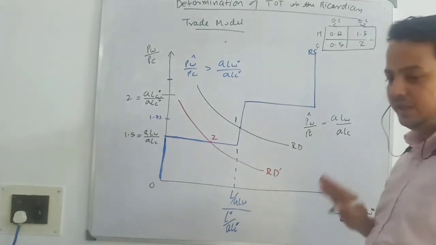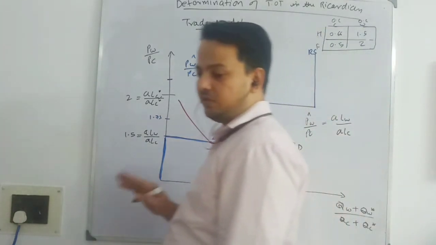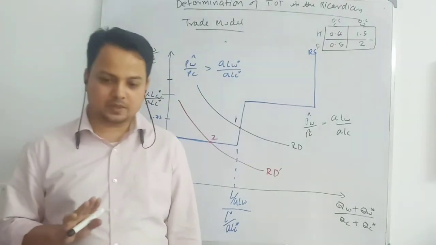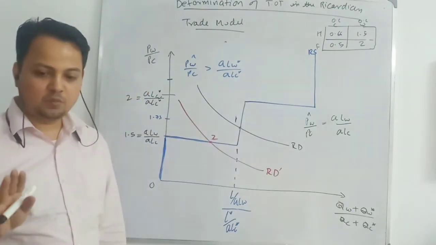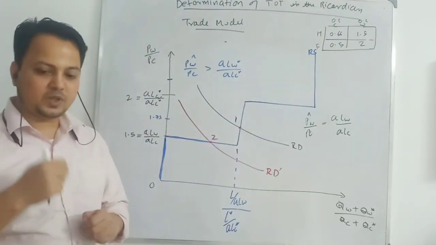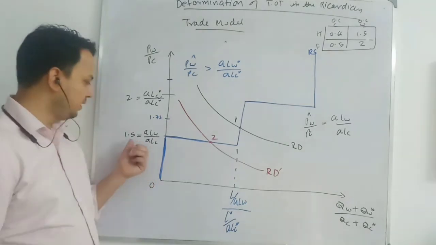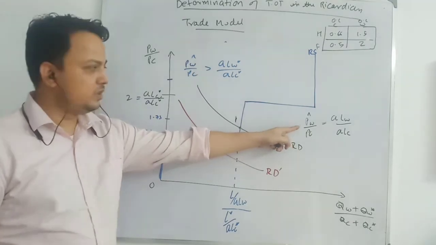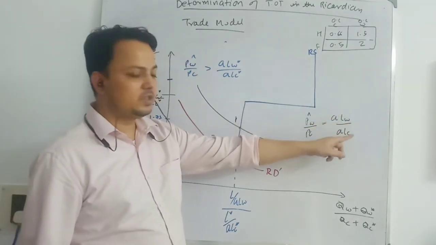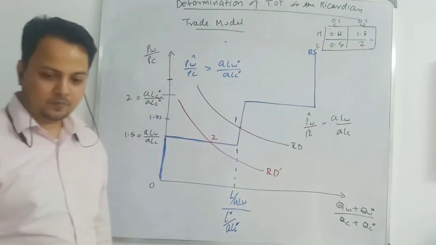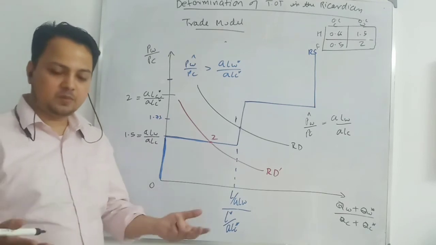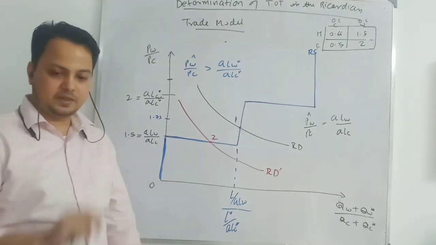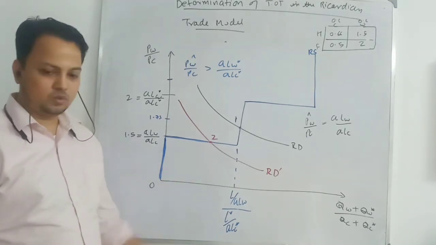Home country will be indifferent between producing cheese and wine, because after trade the terms of trade is equal to the opportunity cost of producing wine in terms of cheese in the home country. So the home country will produce both goods.